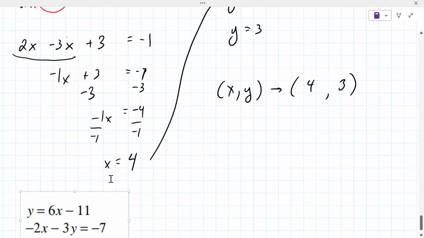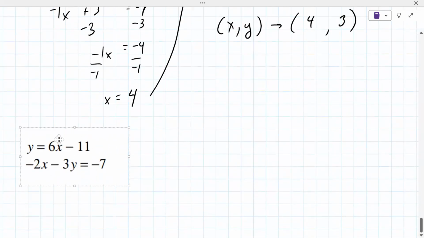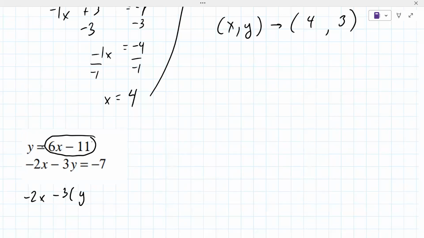In your problem, is an equation already solved for y? Yes. Yes. I sense a little hesitation, but yeah, it's already solved for y. Can we write the variable in parentheses in the other equation? Sure. That's going in for y.